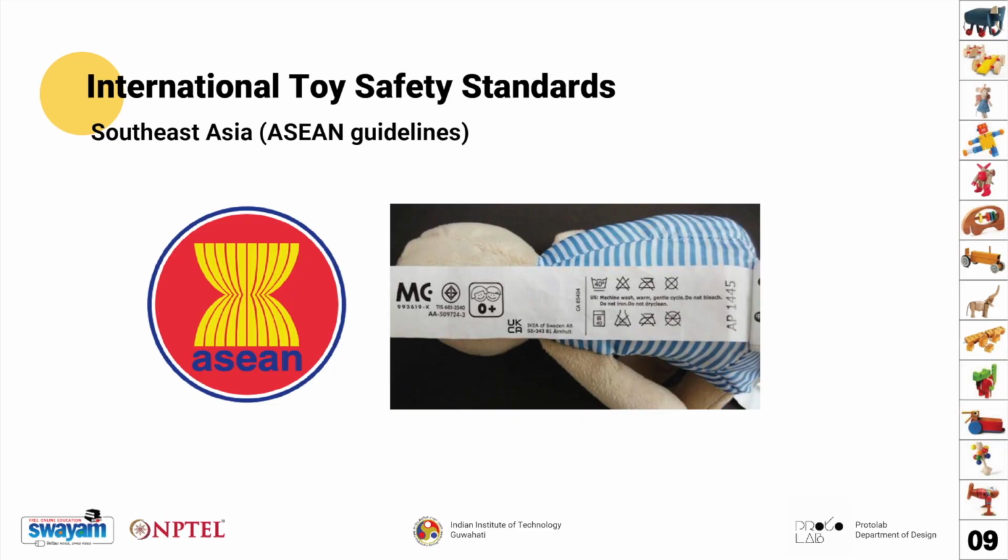Toy safety standards, ASEAN countries. ASEAN has become the third largest exporter of toy products in the world after China and Europe, accounting for 864.09 million euros, with exported toy products worth 255.36 million euros to the European Union in 2011.